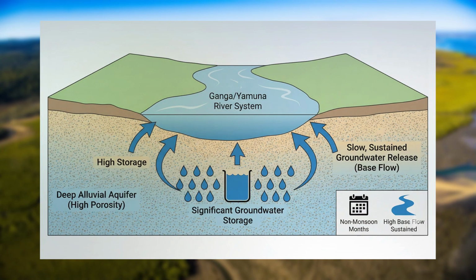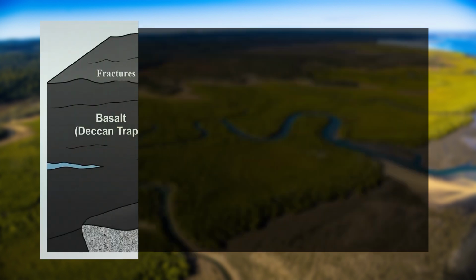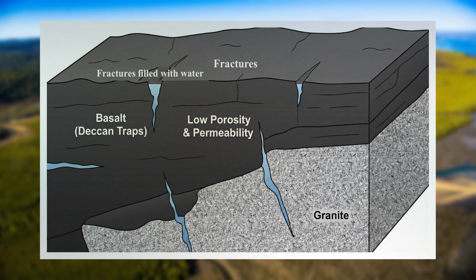The Indo-Gangetic plains have vast, deep and highly porous sand and silt aquifers. They feed the river systems like the Ganga and Yamuna even during non-monsoon months. While in peninsular shield nearly 60% of the lithology is hard rock terrains.